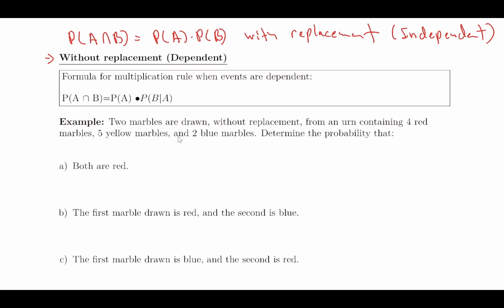Once I pick that object or that person, I can't reselect it because I already selected it. So anytime in a test or quiz you see without replacement, once you select it, you can't reselect that object. Since we can't reselect that object, that makes this a dependent event. So that's why we're going to use this formula.